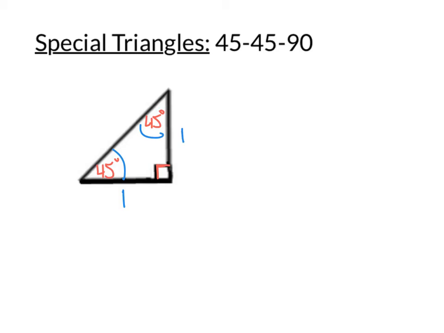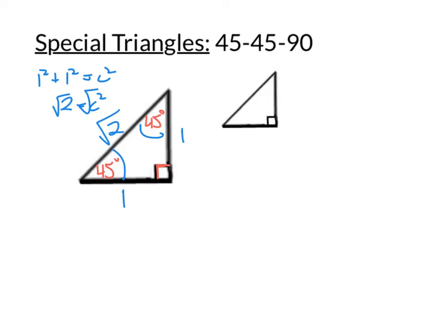And of course, we can just calculate the length of the hypotenuse using the Pythagorean theorem. 1 squared plus 1 squared equals c squared. 1 squared plus 1 squared is 2, which means when we take the square root, this hypotenuse is going to have a length of square root 2. So you need to remember that 1, 1, square root 2 ratio.